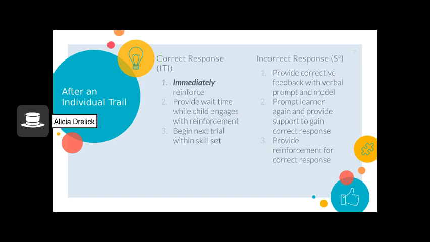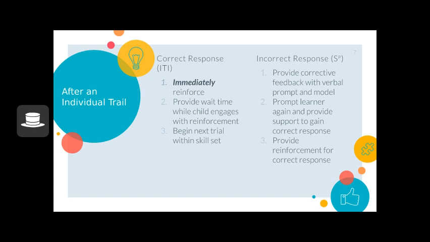After a trial, there are 2 ways to respond based on if the student was correct or incorrect. If a student is correct, you want to immediately provide the child with reinforcement. You want to provide some wait time so that the child can engage with said reinforcer, and then you can begin the next trial.